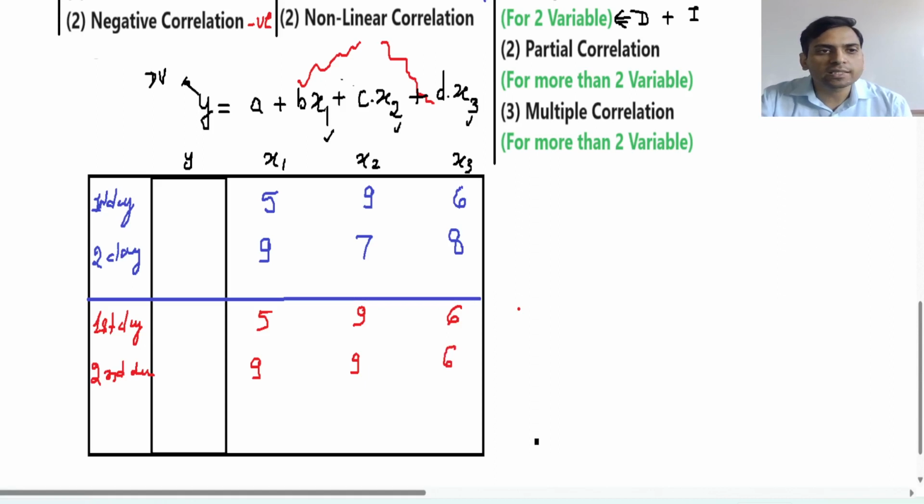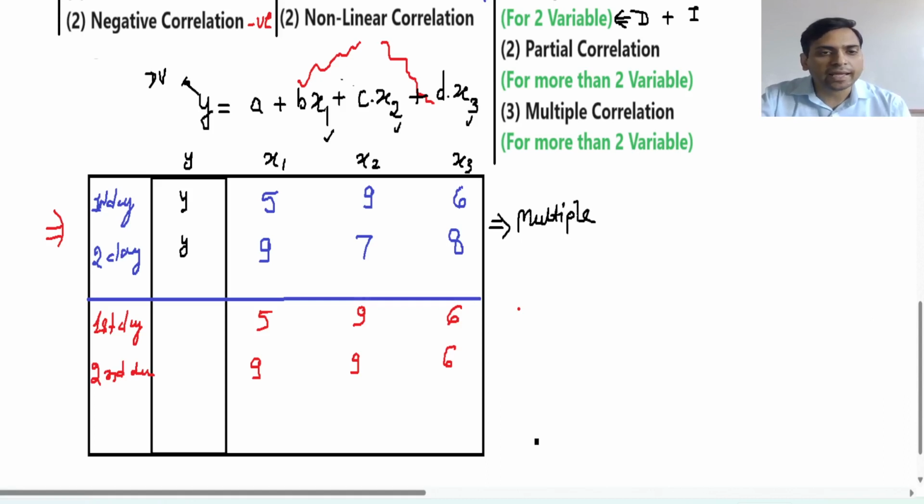So in this first scenario, you will see all the variables are changing. This means your total cost y is based on all these variables. This means impact on y due to all variables, due to these multiple variables. So this is the concept of what? This is the concept of multiple correlation.